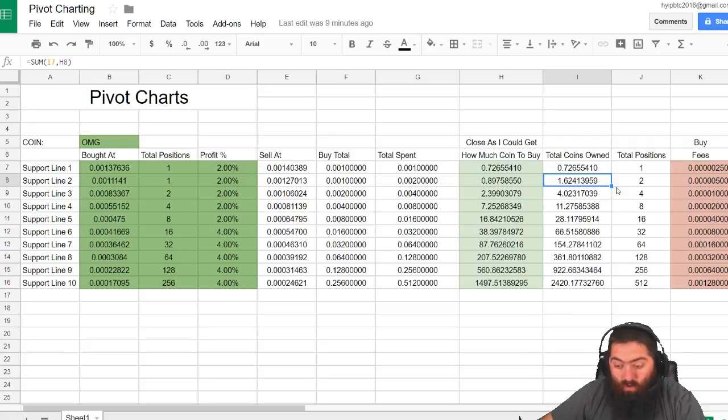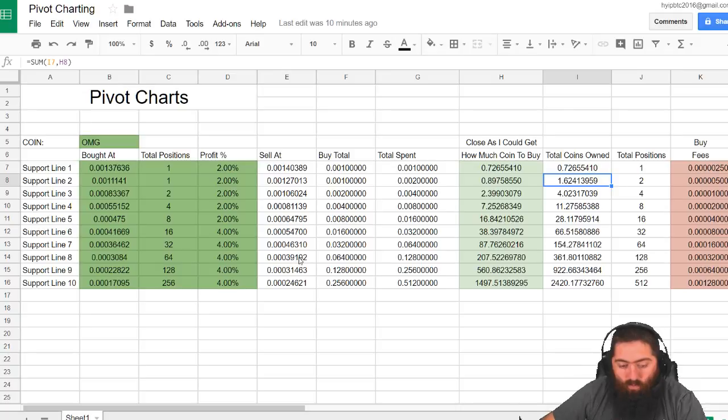You can. You definitely can. I have some buddies that they've went all the way down to the 128 position and have that as their sell price, and once it came up to there, they sold off 50% at that price, and then the market came back up to this price and they sold off another 50%.